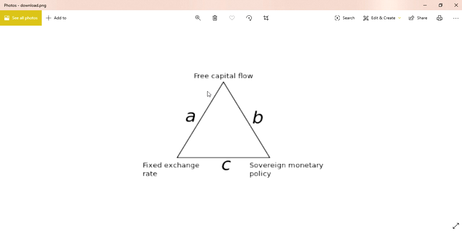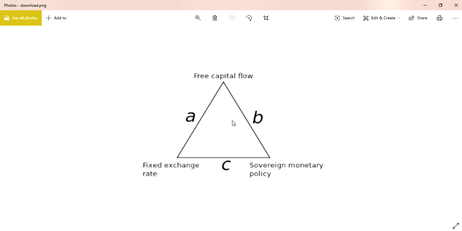Now, there's a principle which is given here, the trilemma or impossible trinity. Every country can be at A position, B position, or C position.